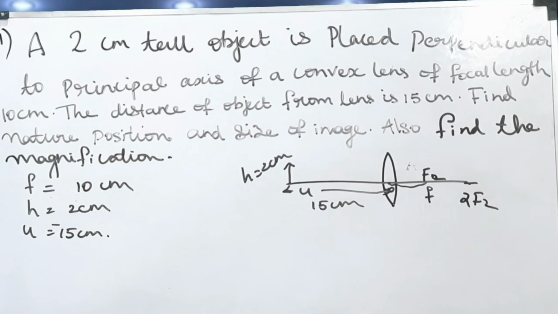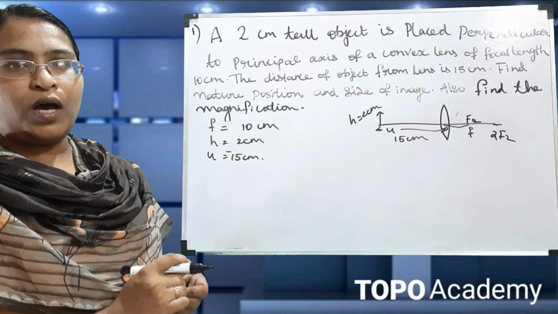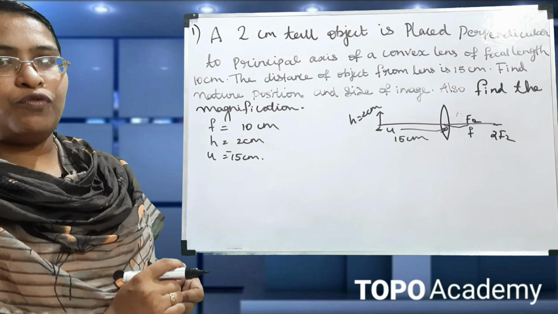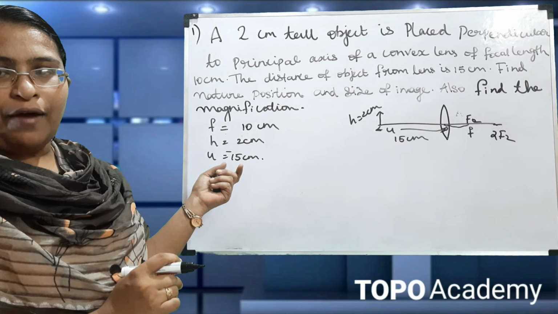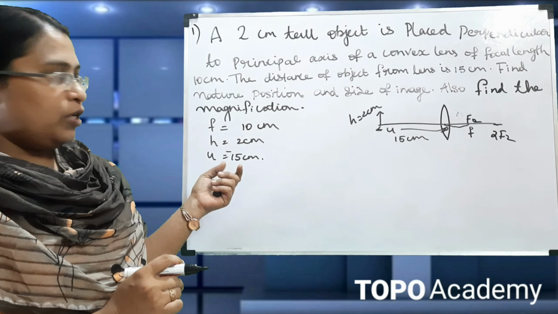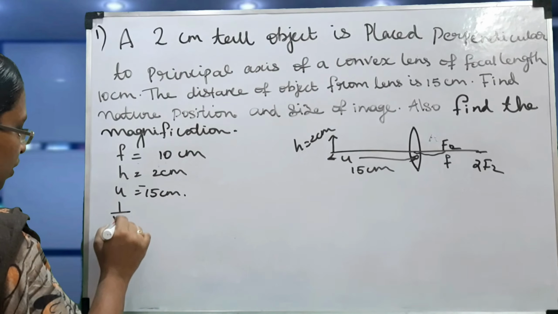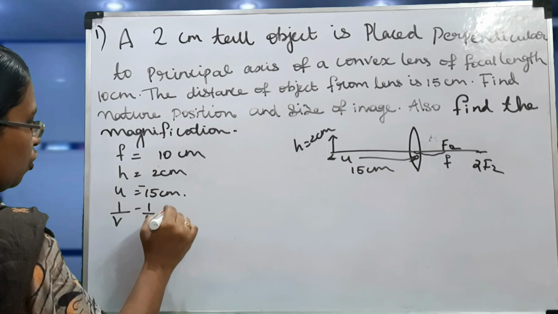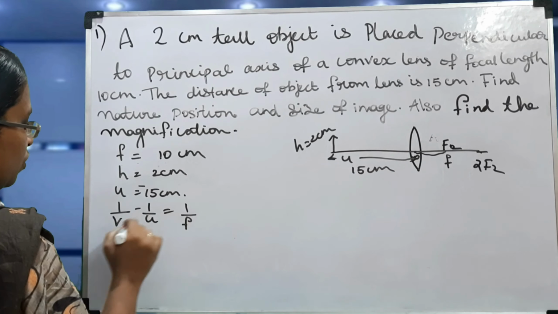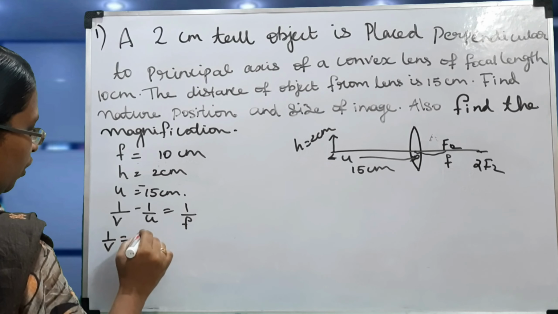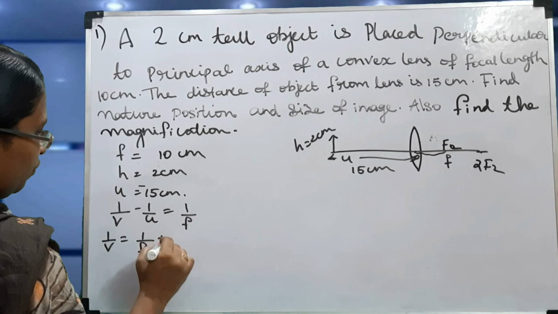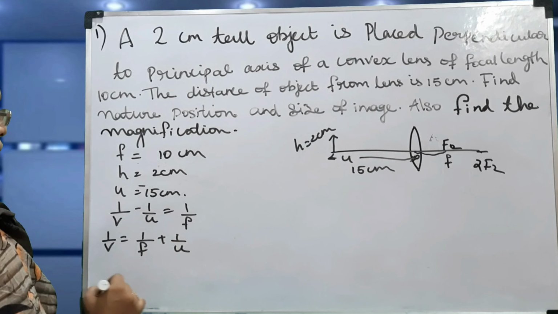Next we have to use the lens formula. What is the lens formula? 1 by v minus 1 by u is equal to 1 by f. We have to find the value of v. The u is given and f is given. So 1 by v is equal to 1 by f plus 1 by u.